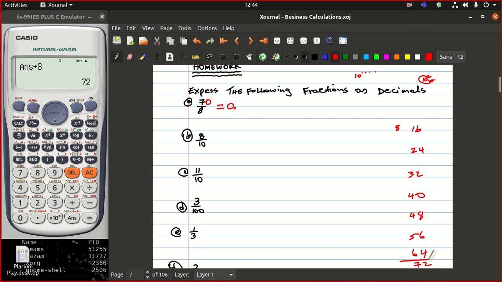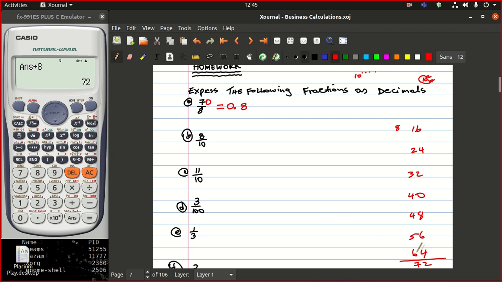So what we are actually looking for here, you can see that in this 70 we can get 64. In other words, we can get 1, 2, 3, 4, 5, 6, 7, 8. So we can actually get 8 out of 70, and then you will be left with a remainder.